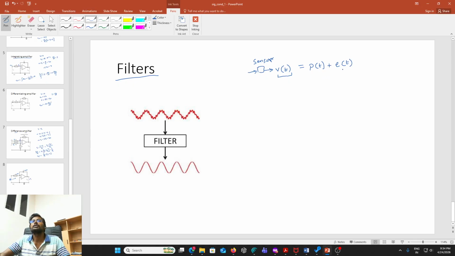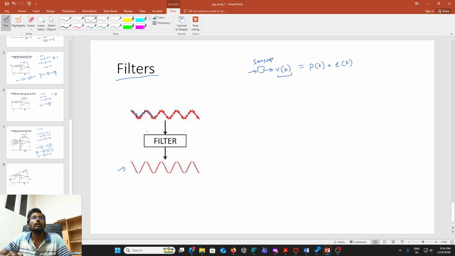It's been combined. So for example, something is oscillating, and I'm measuring the displacement of that, and the actual physical quantity behaves like this, but the sensor gives, in addition to that, some noise signal that has been added to this one.